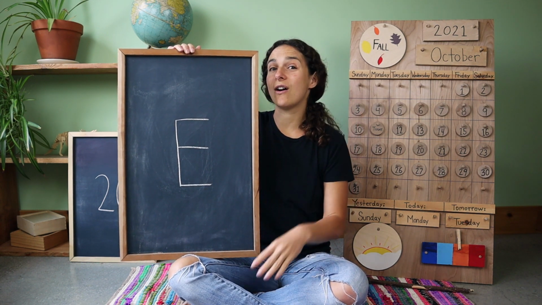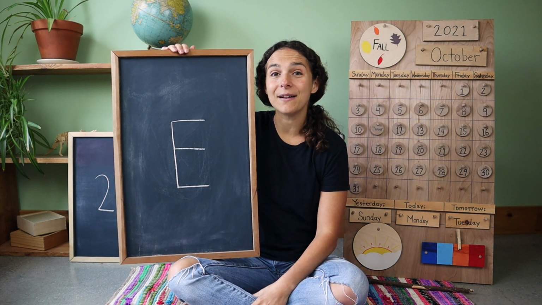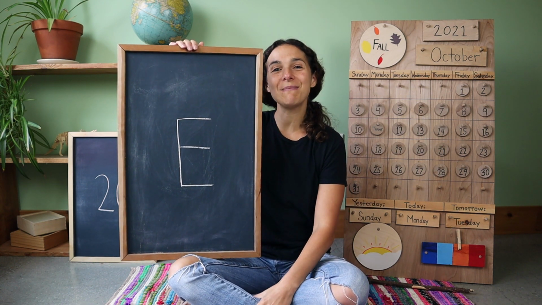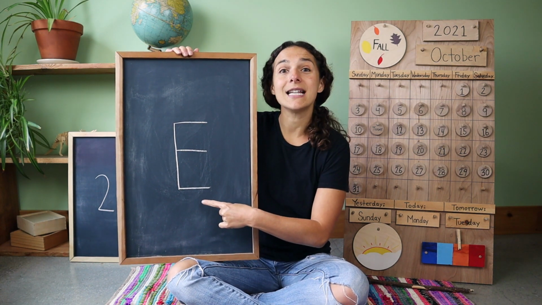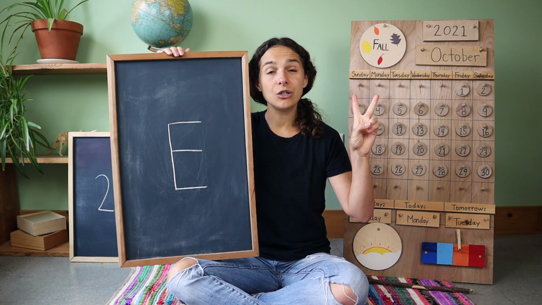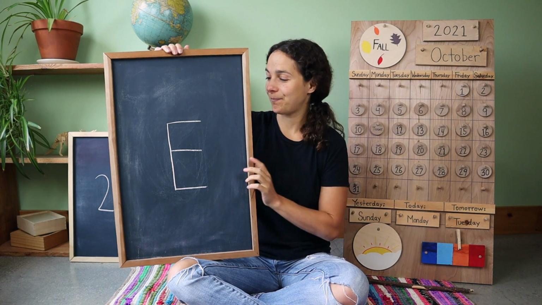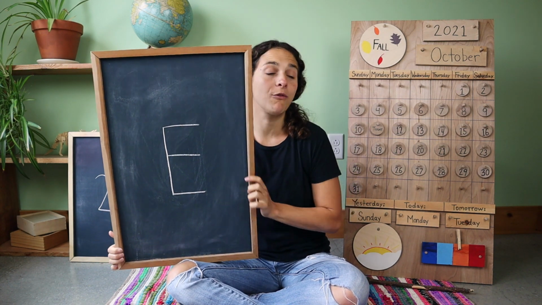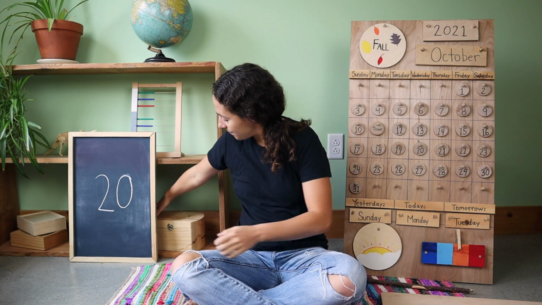And the second sound is a long sound that says this, e. Can you make the long sound with me? E. And this letter is a capital or uppercase E. E makes two sounds, eh and e. I wonder what we'll find today inside of the letter box.